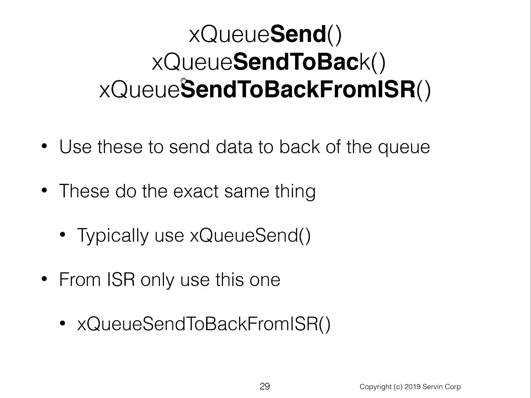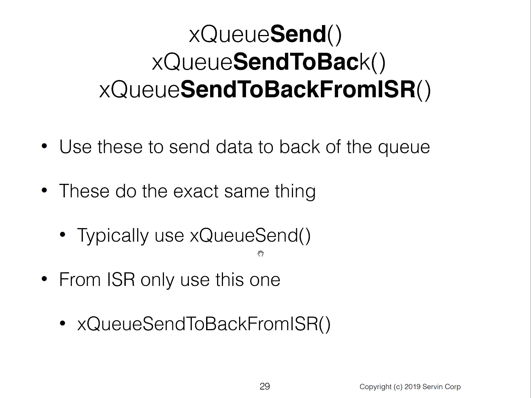Alright, so we've got us a queue. We know how to reset it if we need to. How do we send something to the queue? We've got xQueueSend, xQueueSendToBack, and xQueueSendToBackFromISR. Of course, this last one you'd call when you're in an interrupt service routine. You can use these to send data to the back of the queue, and these do the exact same thing.